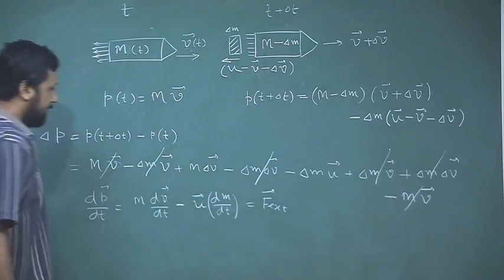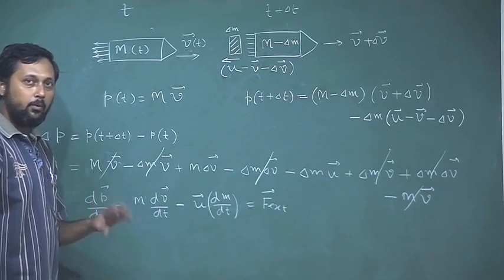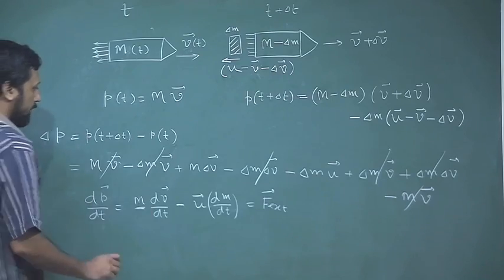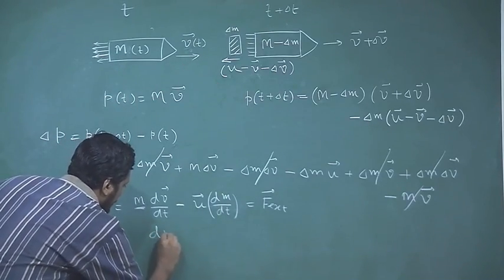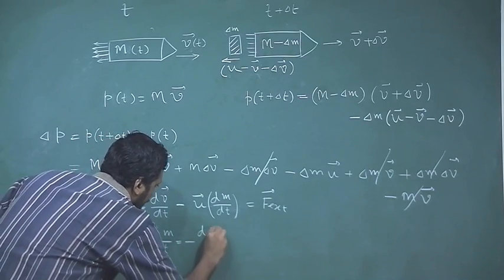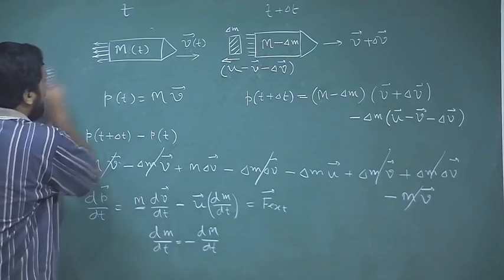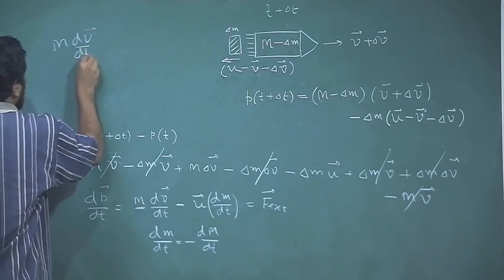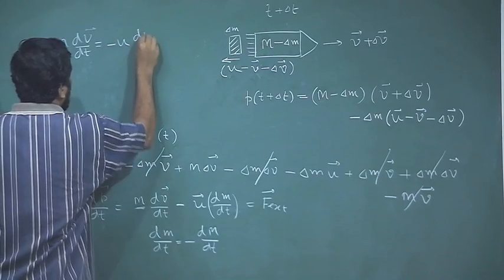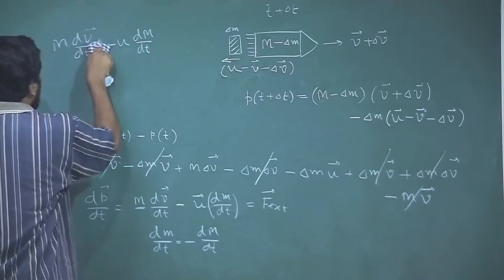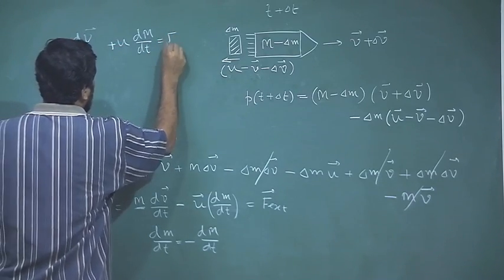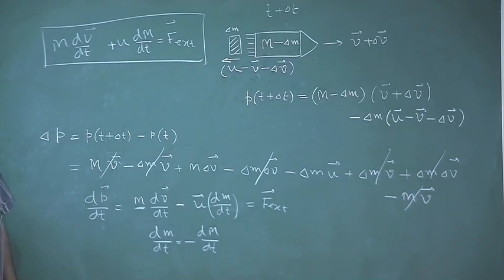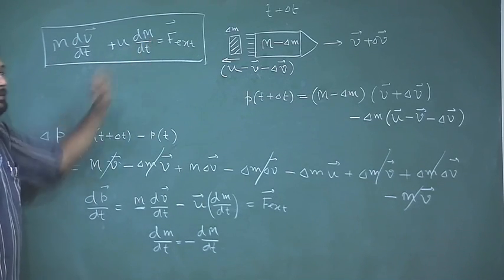This dm dt is the rate at which exhaust gas has been going out of the rocket, but we want to write the final equation in terms of the rocket mass M. So if we substitute dm dt of the exhaust as minus dM dt of the rocket, the final rocket equation becomes M dv dt plus u dM dt equal to F external. And here the M is the rocket mass.